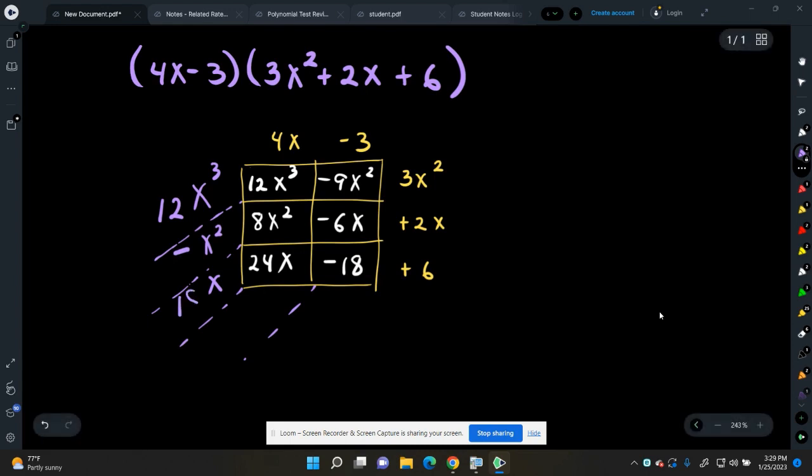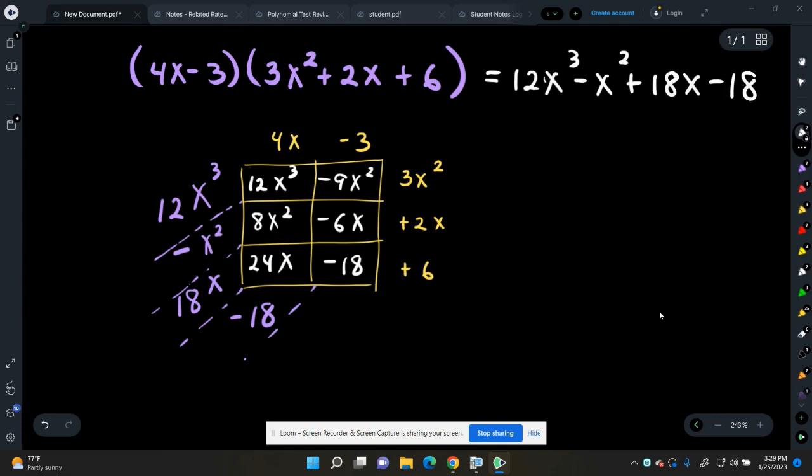That gives us 18x. And then here we just have negative 18. So we get as an answer 12x to the third minus x squared plus 18x minus 18. And we're done.